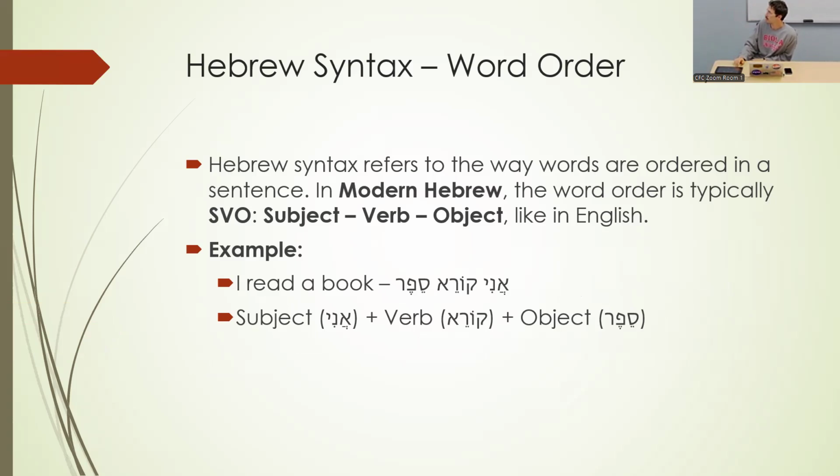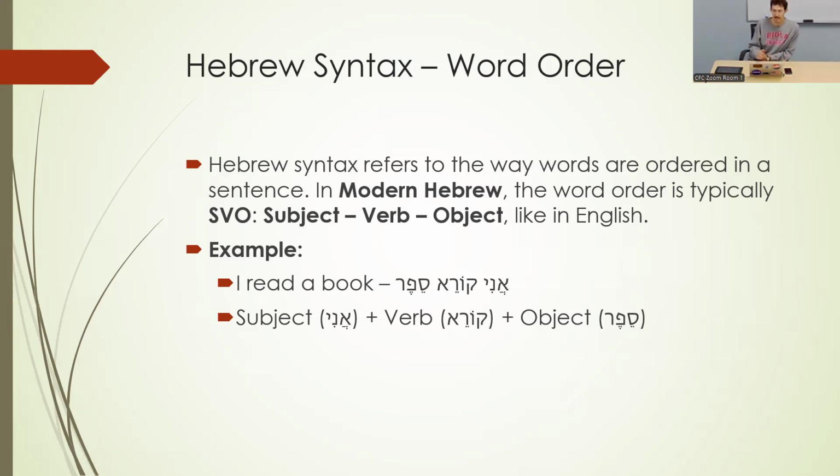So regarding word order, I think we did talk about it before. Just like in English, we'll have a subject, then a verb, and then the object would follow. Let's say I'm saying I read a book. In Hebrew, it would be Ani kore sefer.